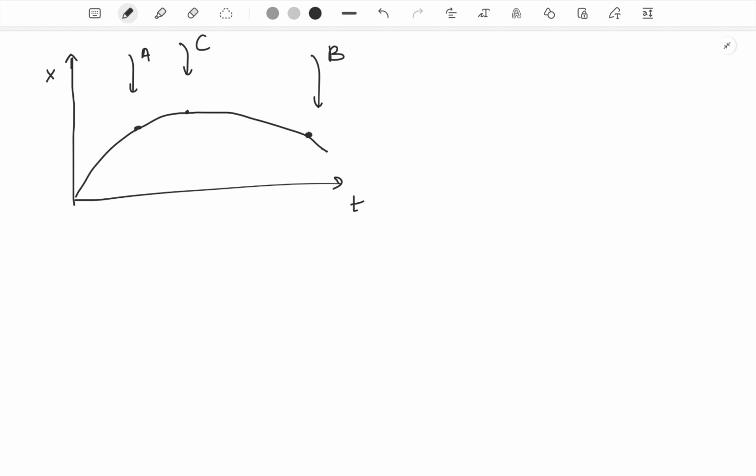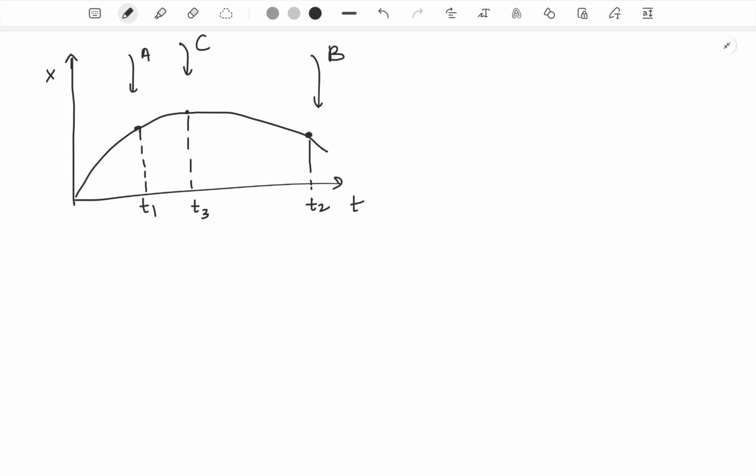Now let's say they asked you a question something like this: what can we conclude about the motion of the body corresponding to point A? Let's represent some times corresponding to them: t1, t2, t3. At time t1, what can we comment about the motion of the particle?